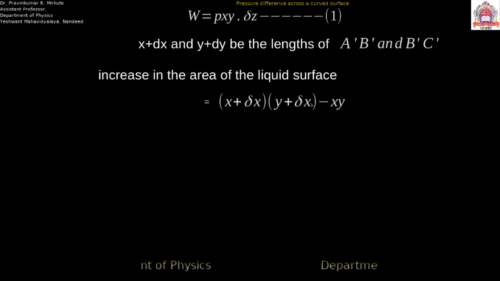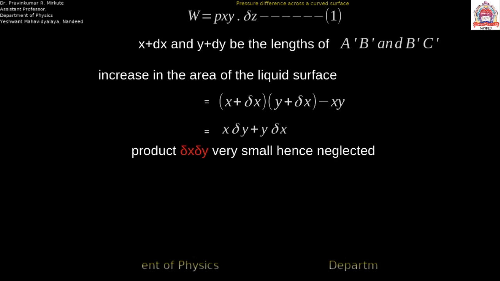The product of delta x and delta y is a very small quantity, so it is neglected, and we get x delta y plus y delta x.